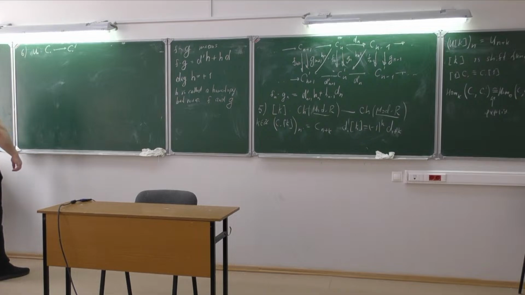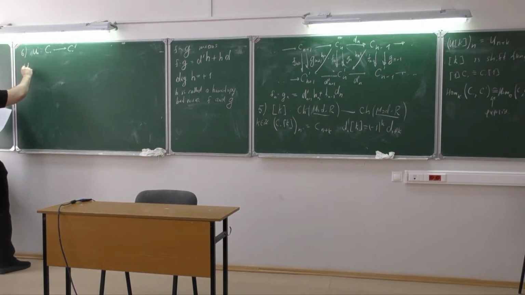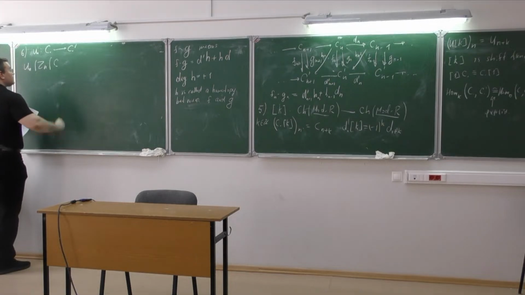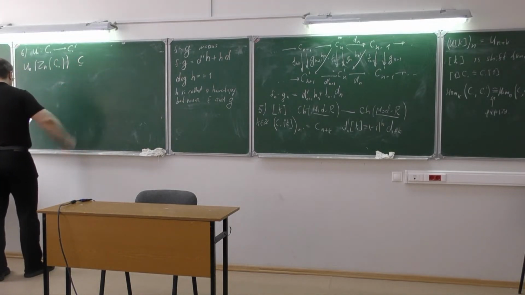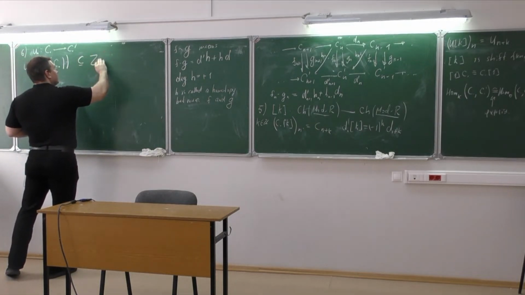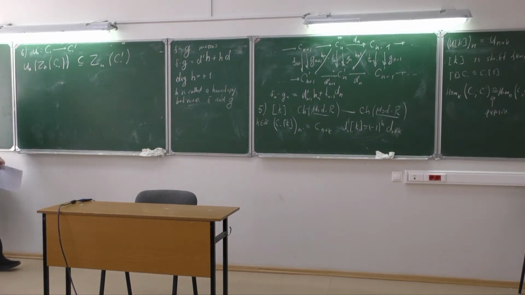And this condition that they commute with the differential means that, for example, if you apply this to the cycles, then you get cycles in the target complex.